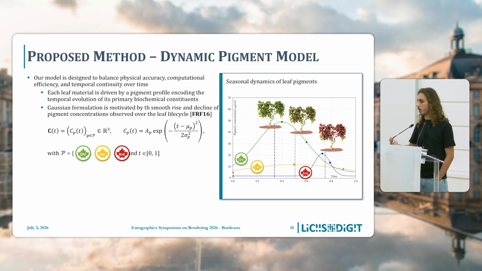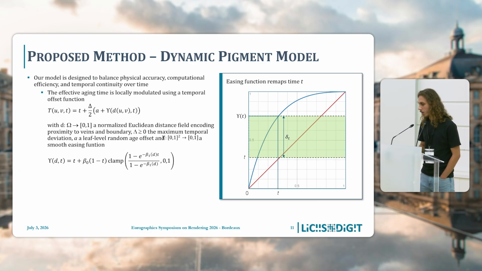If we look at this picture, in the first part of the leaf rendering, the leaf is very green, and at the end of the life cycle, the color is very red. In a foliage, each leaf does not have the same age, because the leaves far from the base of the plant are older, and those close to it are younger.